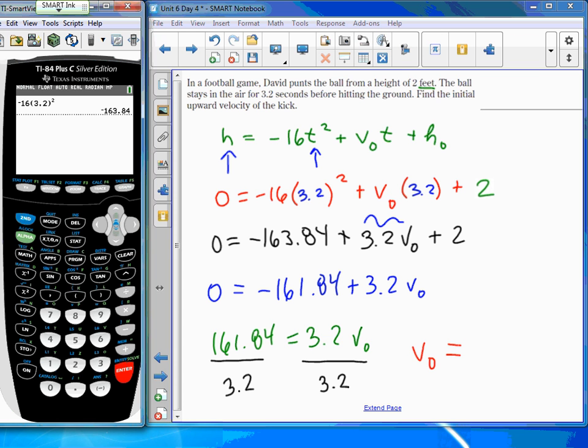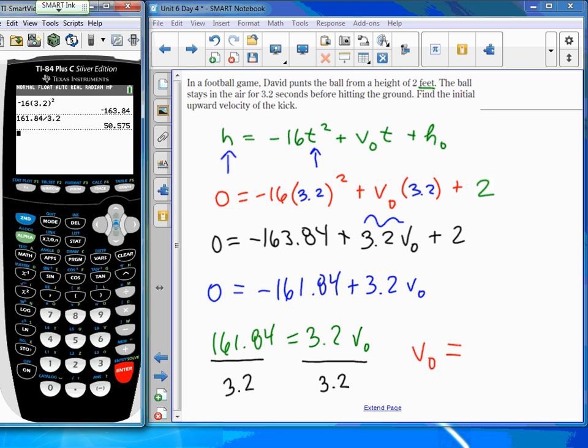All right, let's do it. 161.84 divided by 3.2. Survey says looks like about 50.575. What in the world?